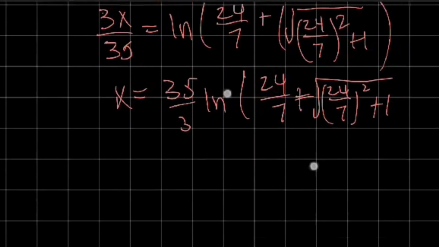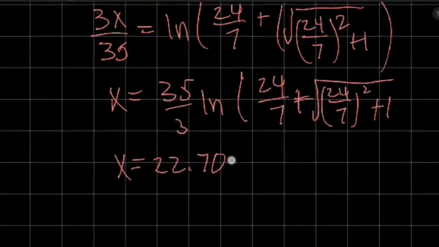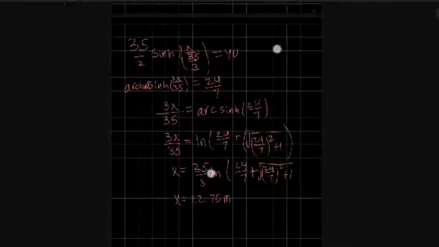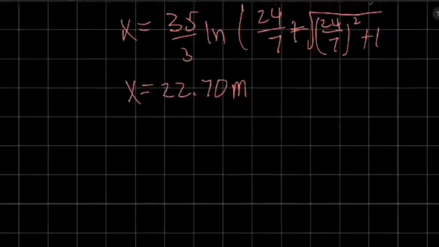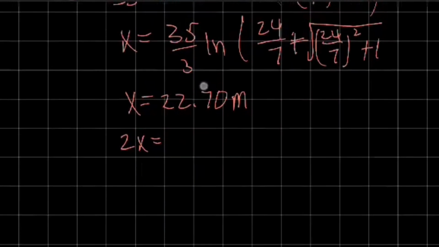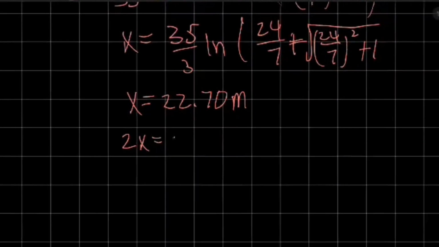And we get that x is equal to 22.70 meters. And since we only solved for half the catenary, we have to multiply our value by 2. So 2x is just going to be multiplying that by 2. And we get that the distance between the poles is approximately 45.4 meters. And there you have it. That's how you solve a hanging cable problem.